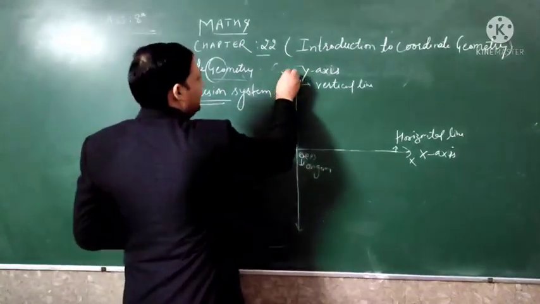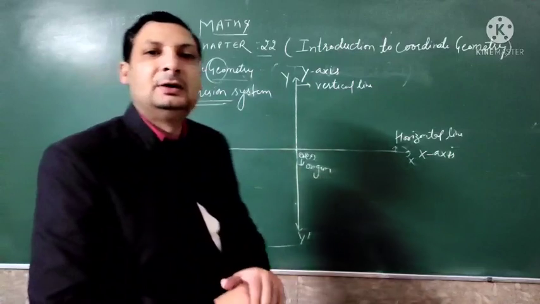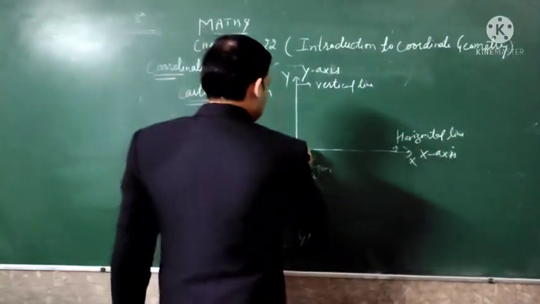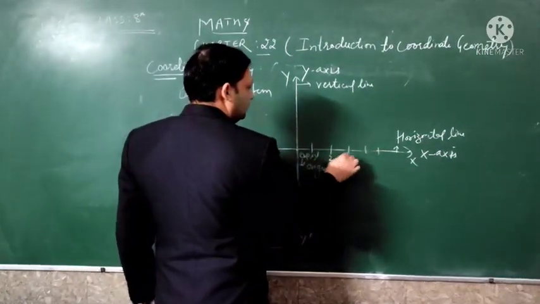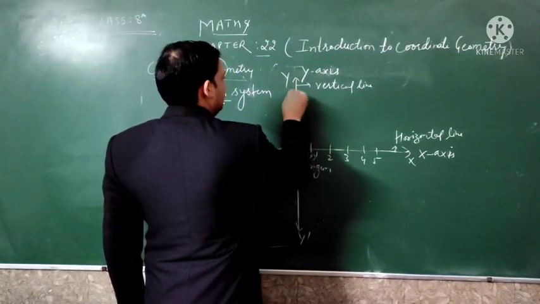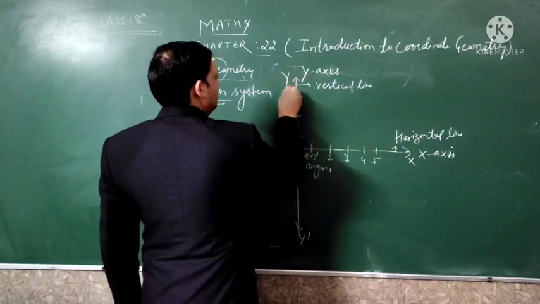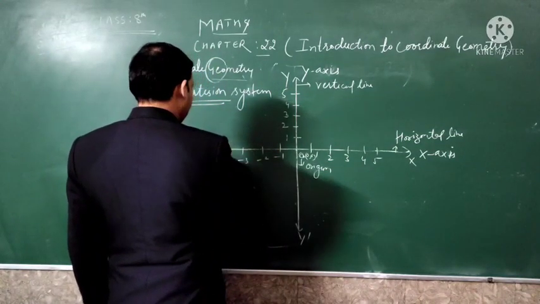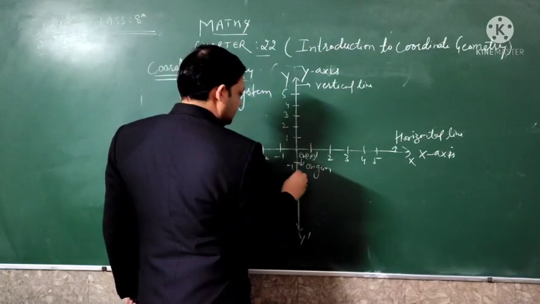This is called y and this is called y dash. Y dash represents negative counting on the number line. So this whole is the origin, and we will mark points 1, 2, 3, 4, 5 in the positive direction. Here again the positive y-axis, negative x-axis, negative y-axis.